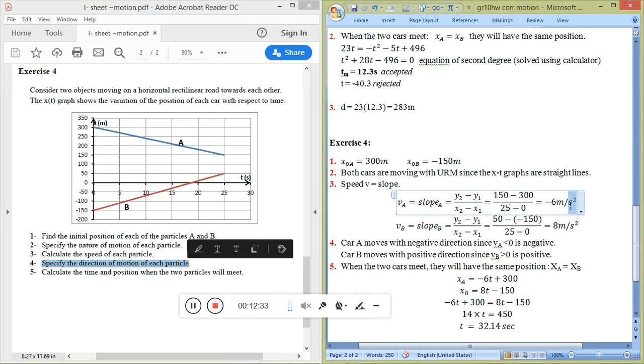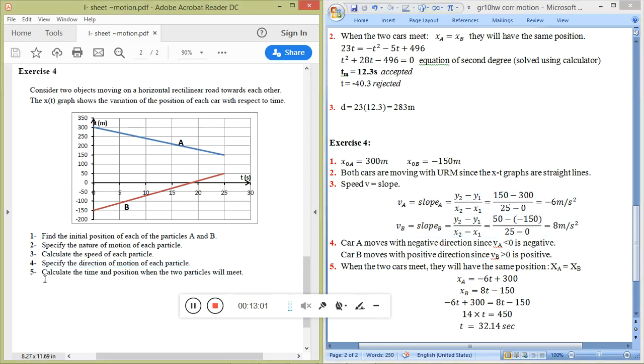We calculated the velocity of A as -6, so it's negative. Since the velocity is negative, we can say that it's moving in the negative direction. Always the velocity tells us about the direction of motion. If it's negative, the direction of motion is negative. If the velocity is positive, the direction of motion is positive. So B is positive and A is negative.